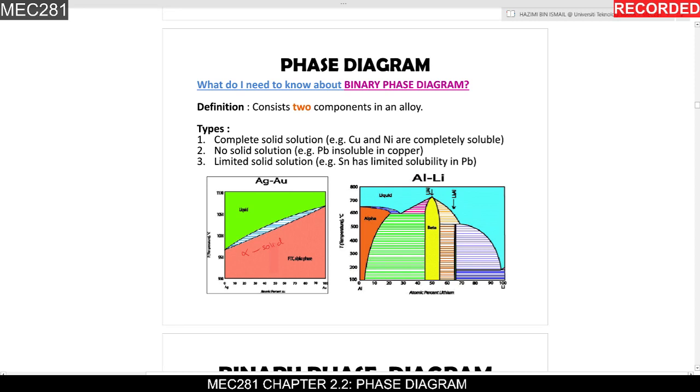How about the region in the pattern of the horizontal line here in the blue line? This is the intermediate phase between the liquid and the alpha phase, solid. So if we have a particular point here, it means that we have liquid and solid.